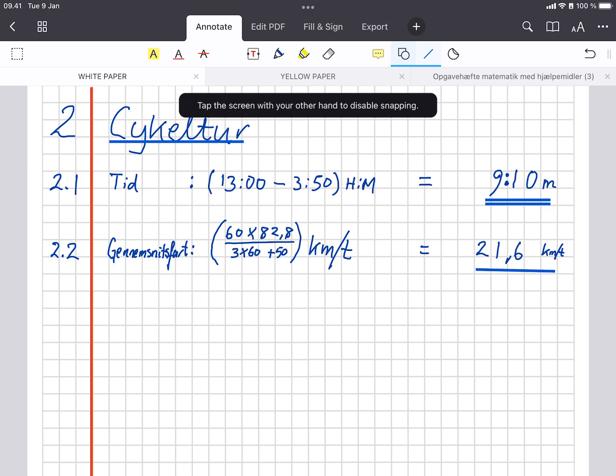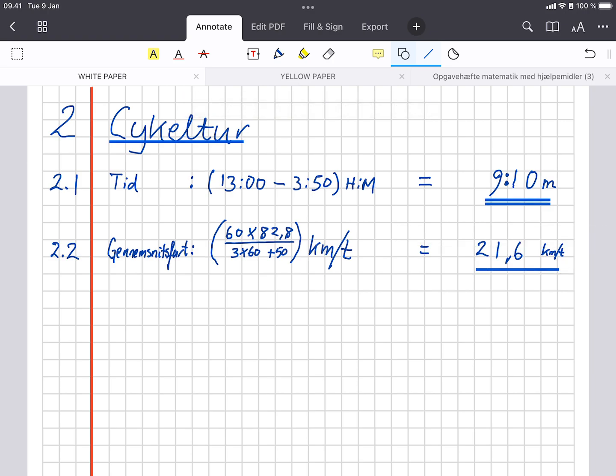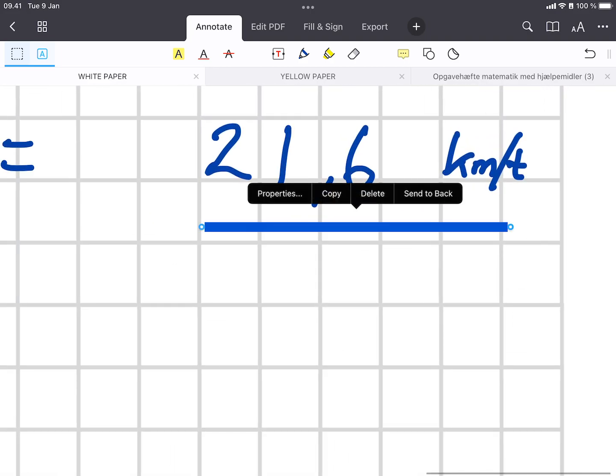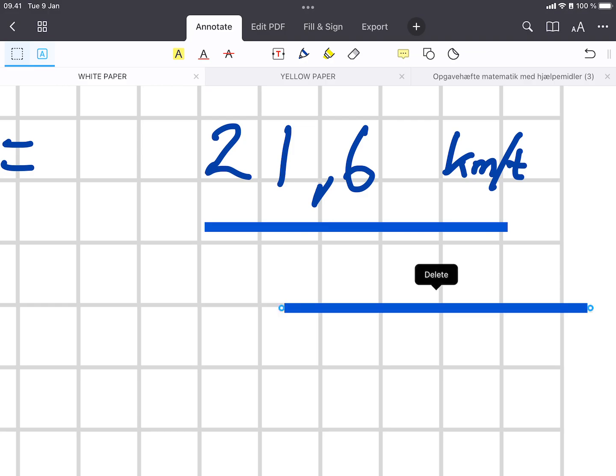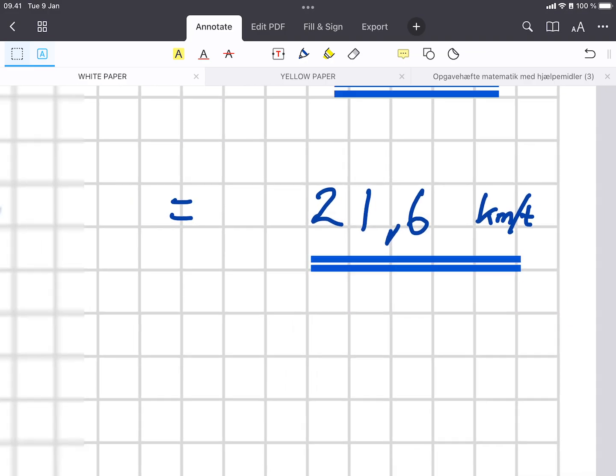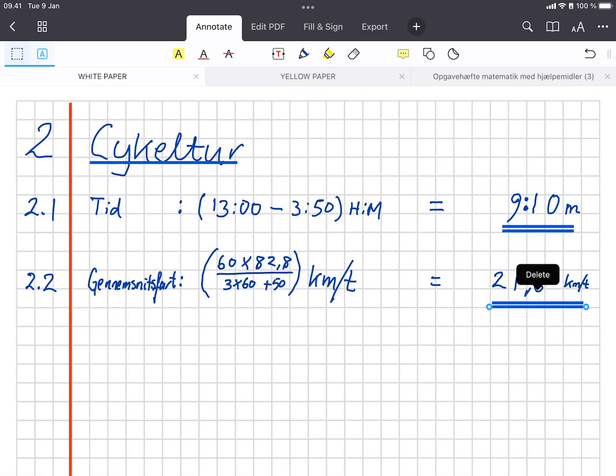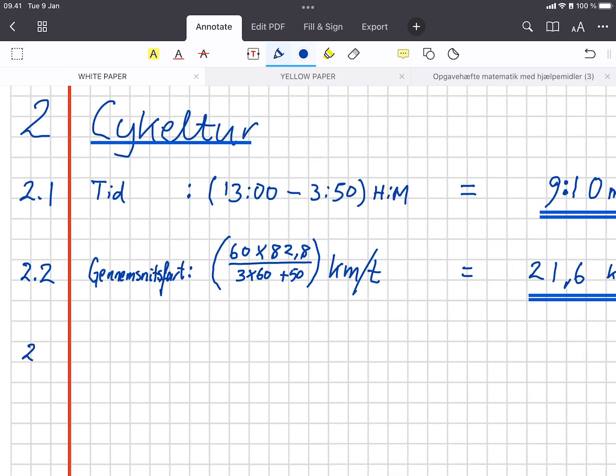Underlining my answer. Oh, what's happened there? Get rid of that. There we go. Oh, on to question 2.3. That's a lot of messing about with getting things tidy, isn't it?